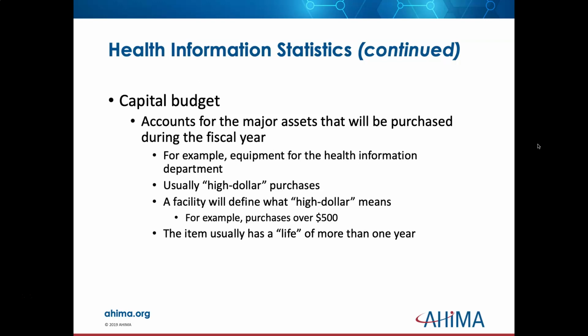But what you would do is, all right, so let's go back and talk about, for instance, that coding software. Let's say you put in to get this new high-end coding software and it goes into the capital budget. What goes into your operating budget would be the cost of training.